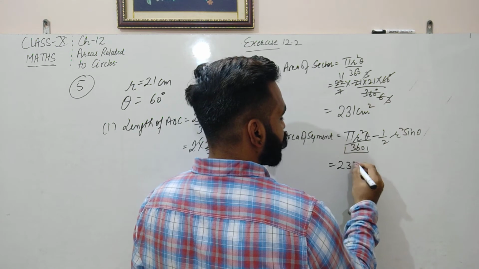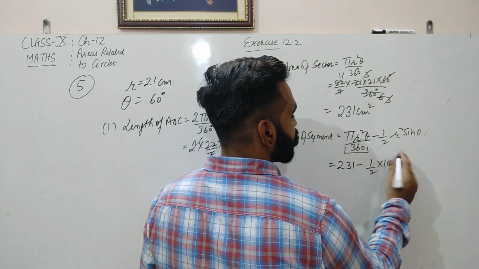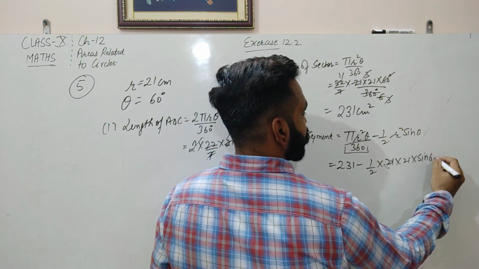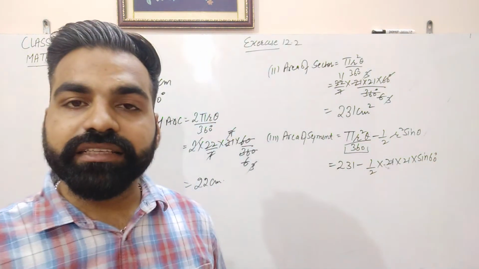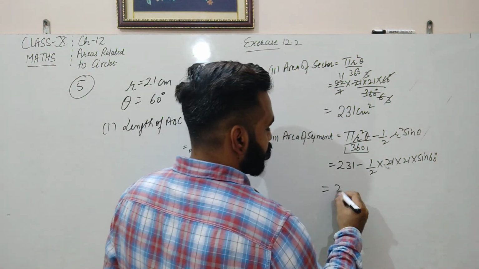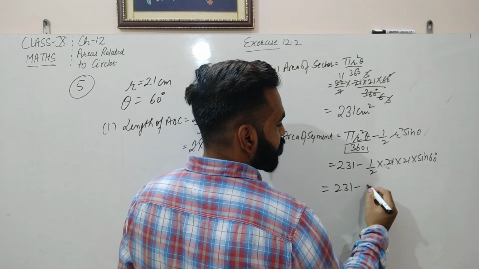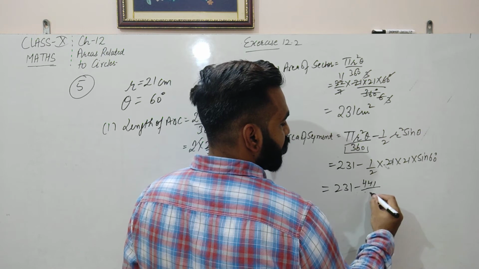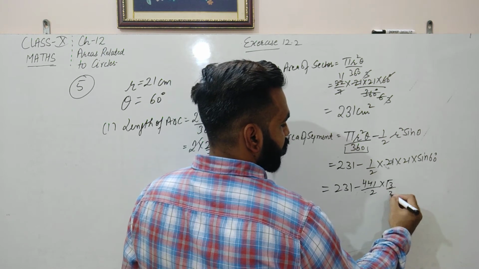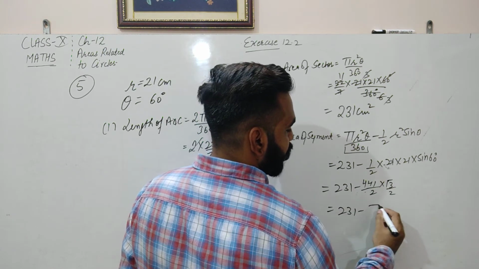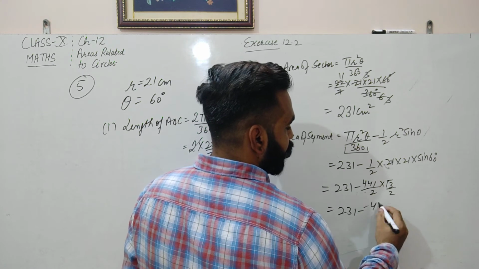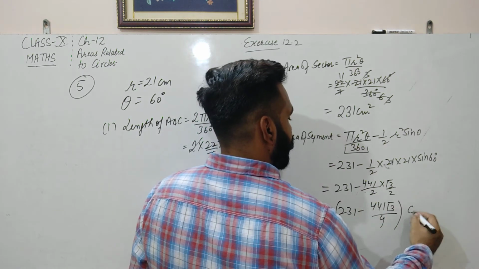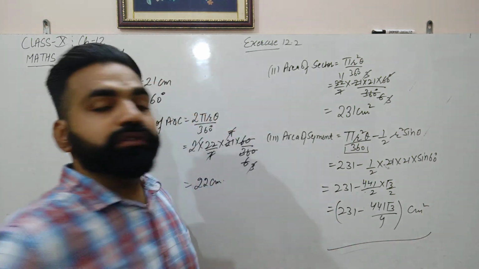So this will be 231 minus half, r is 21, sine 60. And what is sine 60? Sine 60 is root 3 by 2. So this is 231 minus 1 by 2, 21 into 21 is 441, into root 3 by 2. So this is 231 minus 441 root 3 by 4 centimeter square. So this is the answer.